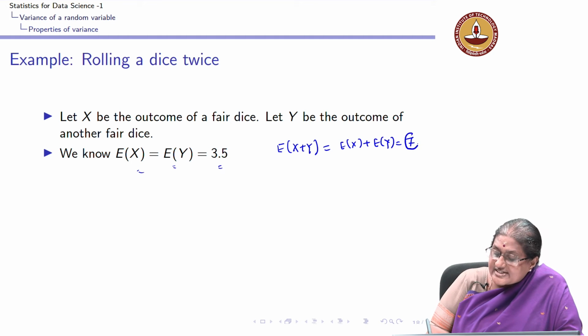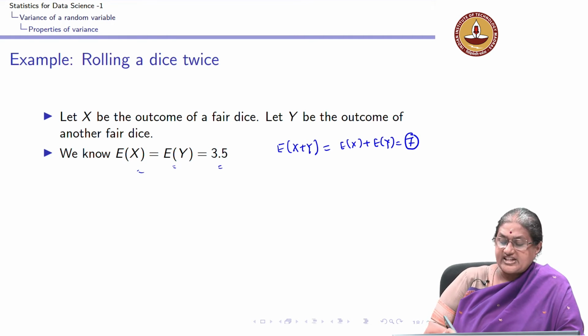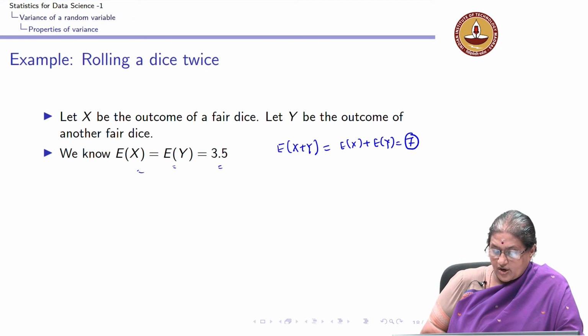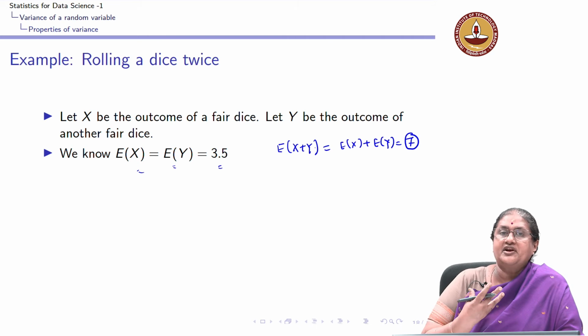When rolling a die twice, you recall that the expectation of the sum of the dice was equal to 7.